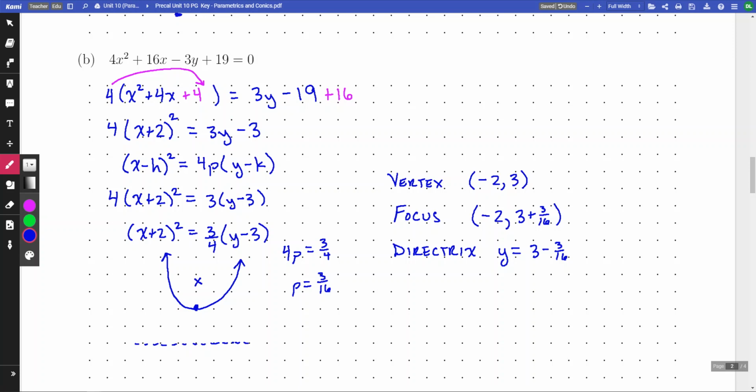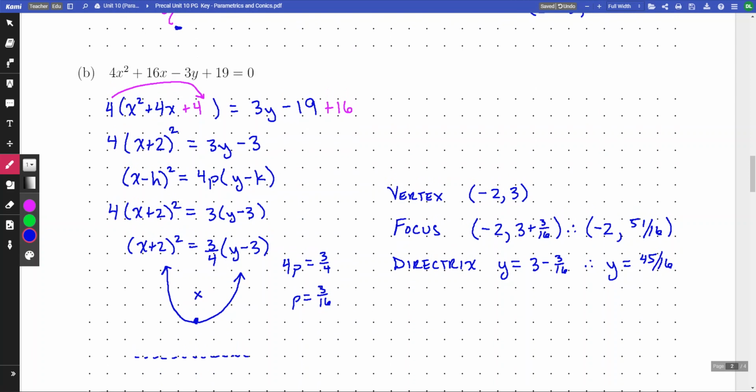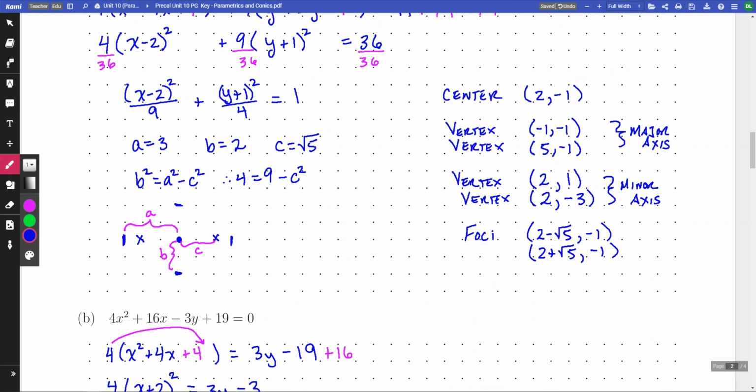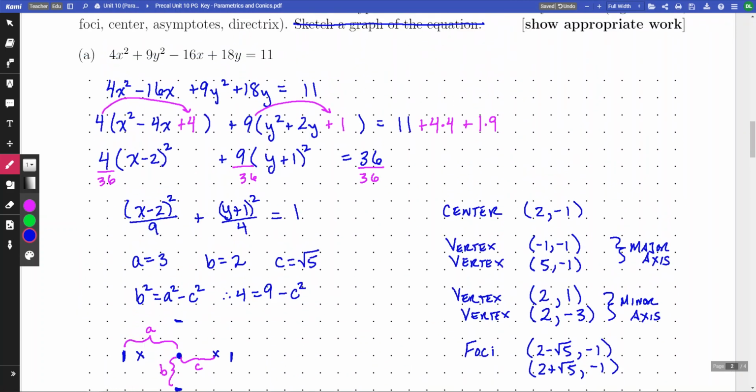So I could say that my focus is really at -2, and then I would have 48 over 16 plus 3 over 16, which would be 51 over 16. And for my directrix it would be 48 over 16 minus 3 over 16. So that would give me y equals 45 over 16. And there I have my information for my parabola. The graph can make it easier to look, of course. And I have my information for my ellipse.